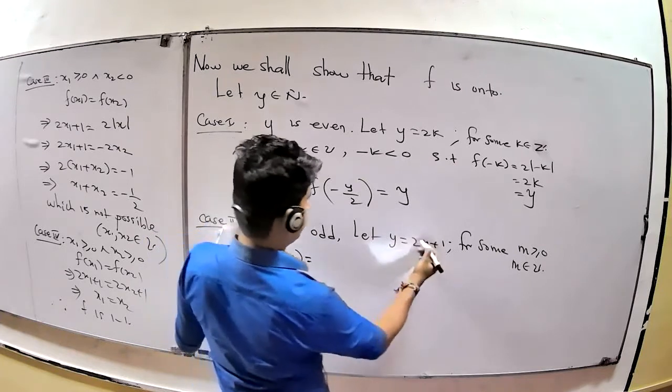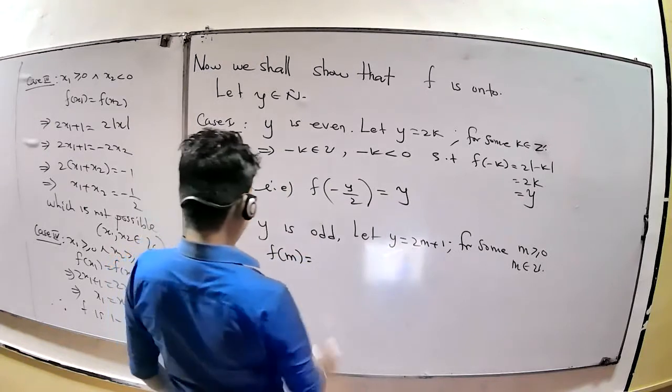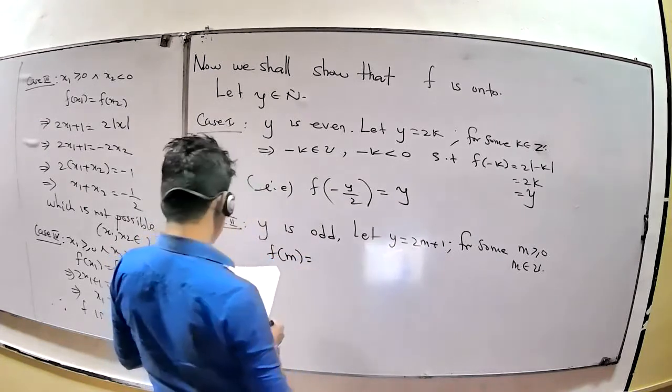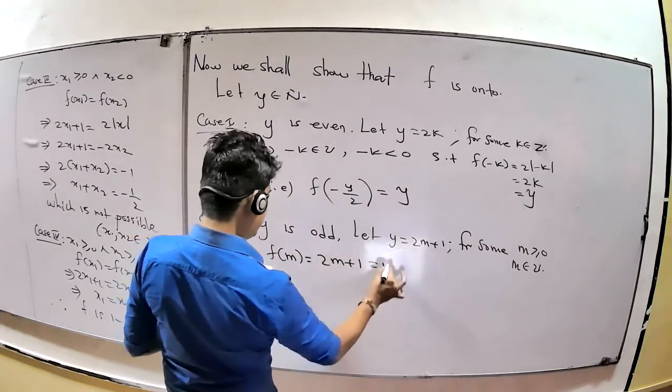Here m is positive, okay? Then you can use the formula: 2m plus 1 equals y, right?